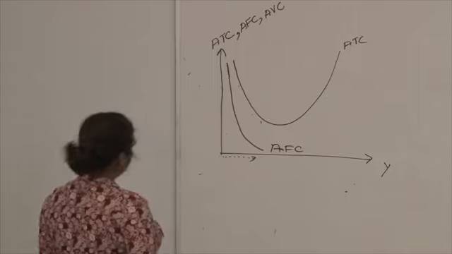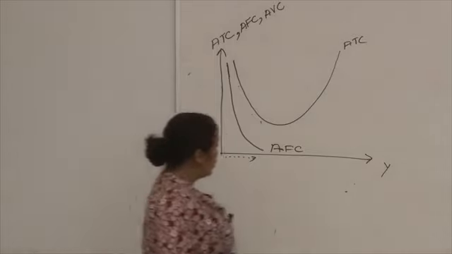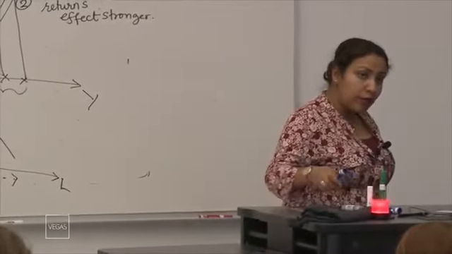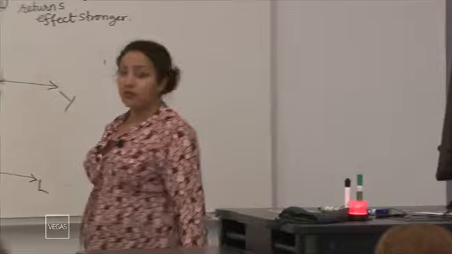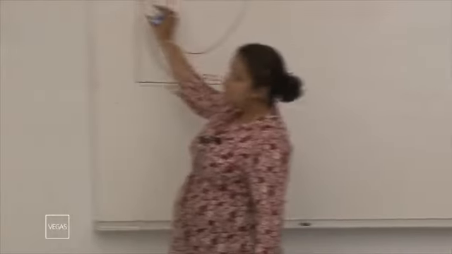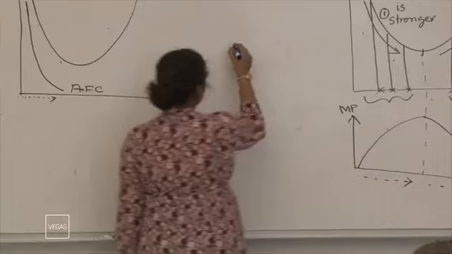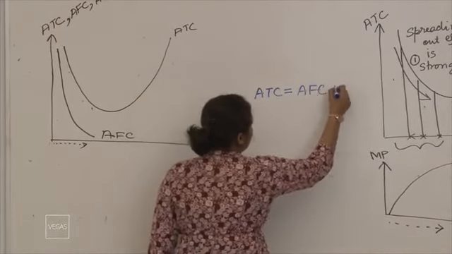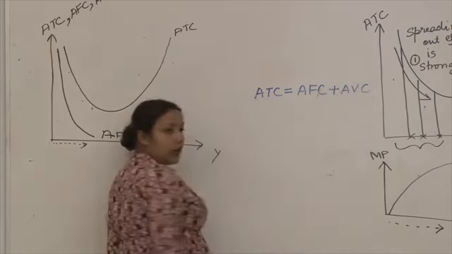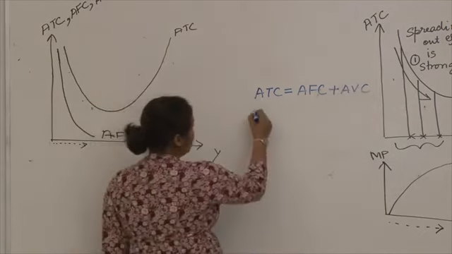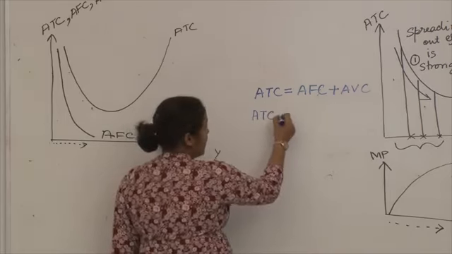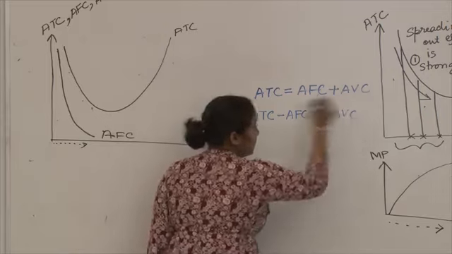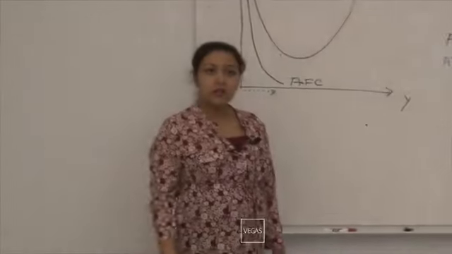Now can you see that deliberately I have drawn the two curves in such a way that the distance between those two curves is tapering off? Can you see that? The distance between these two curves is tapering off. That means what am I doing? I had this equation, my ATC was AFC plus AVC, correct? What is that distance between those two curves? The distance between those two curves is ATC minus AFC, which is equal to AVC by that equation, isn't it?